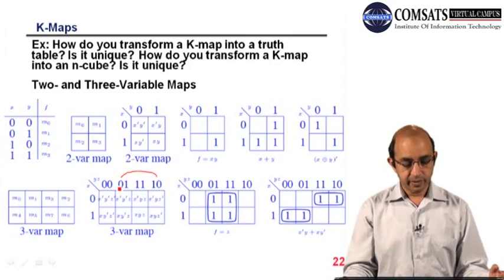In a continuous way, we should move from 0 1 to 1 0 here, but we have a jump. Similarly, you can see here m0, m1, jump, m2, m3, m4, m5, m6, m7.